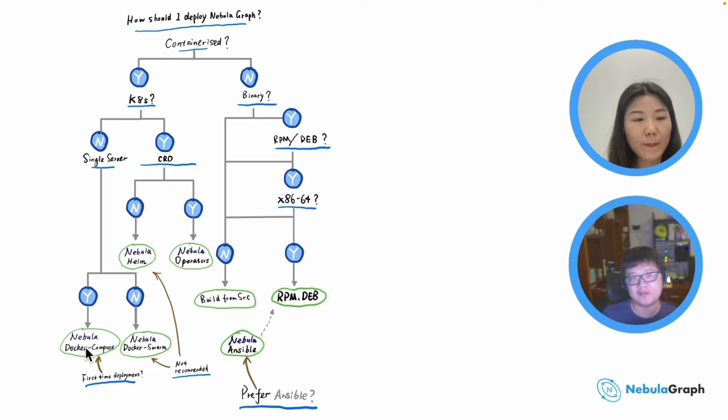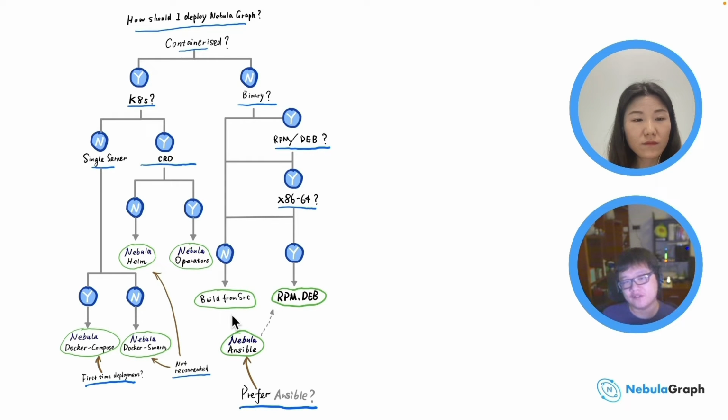It's the best fit for a single-machine containerized way. It's also the best fit if you want to try it for the first time and you already have a Linux machine. Nebula Docker Swarm is a project you can use to run containerized outside Kubernetes on multiple machines, but it's actually not recommended. But still, we have this option.